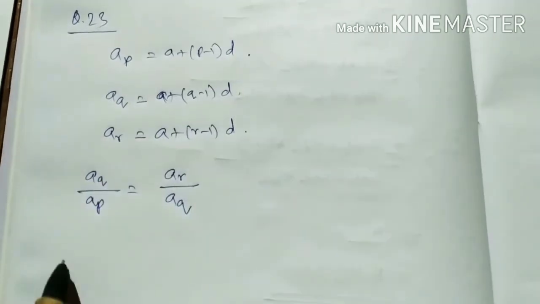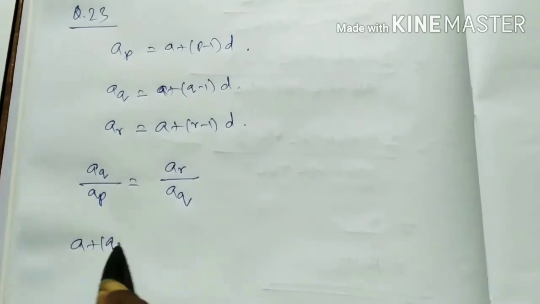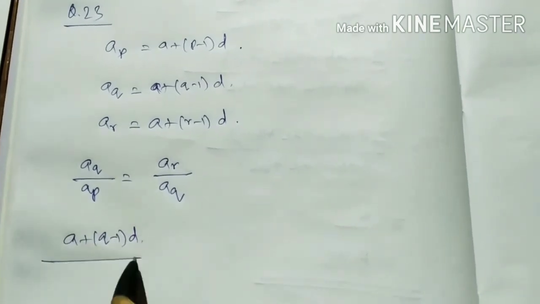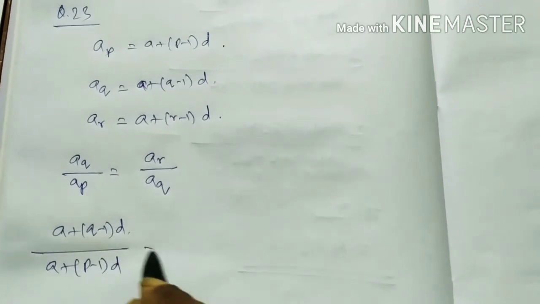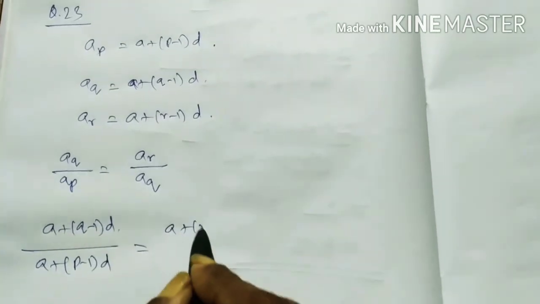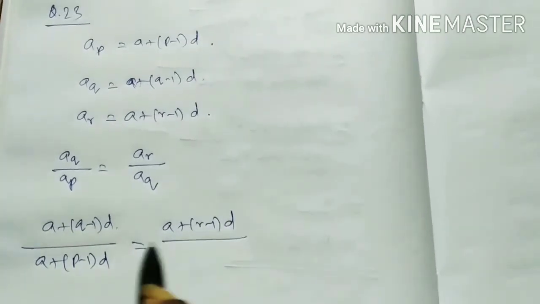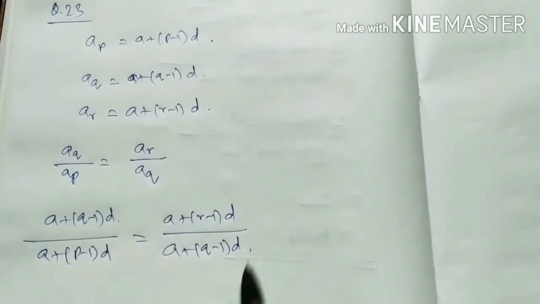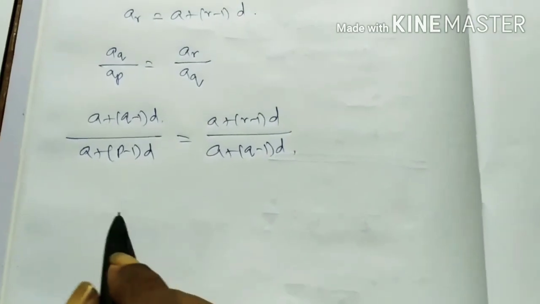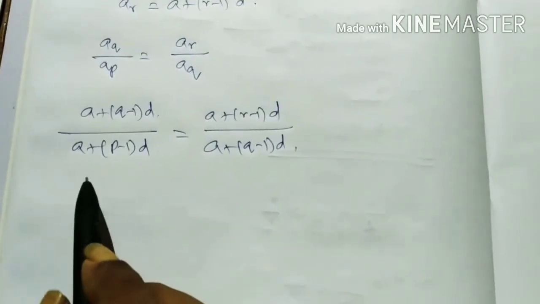So the value of AQ is A plus Q minus 1 into D, and AP is A plus P minus 1 into D. And this is A plus R minus 1 into D, and this is A plus Q minus 1 into D.